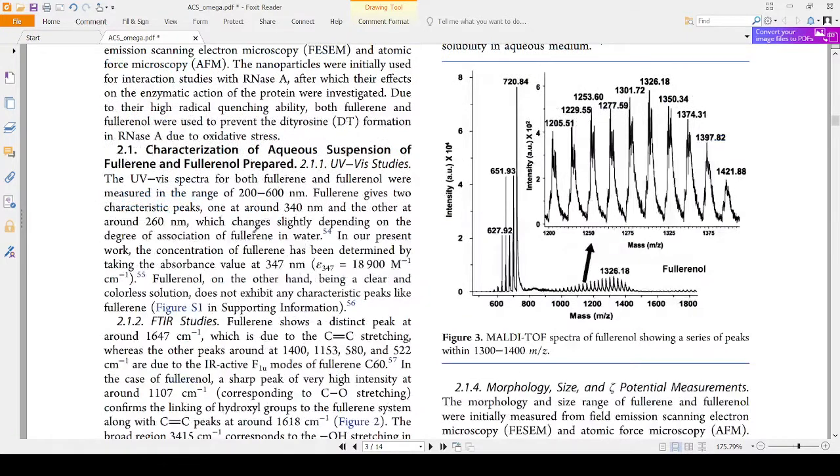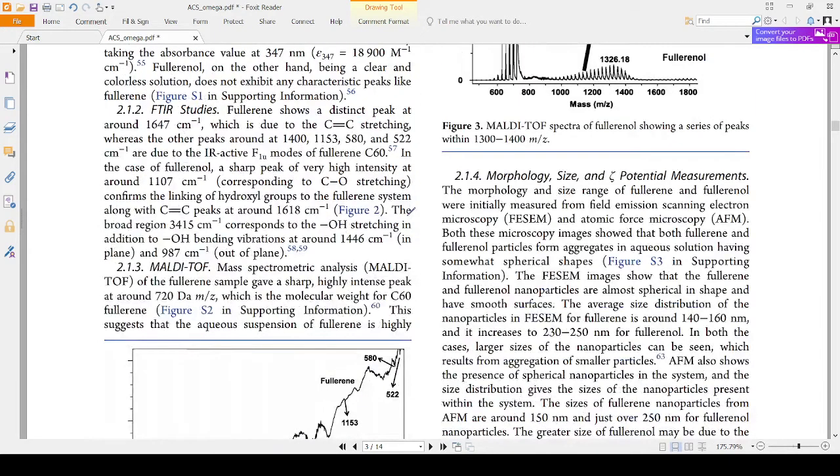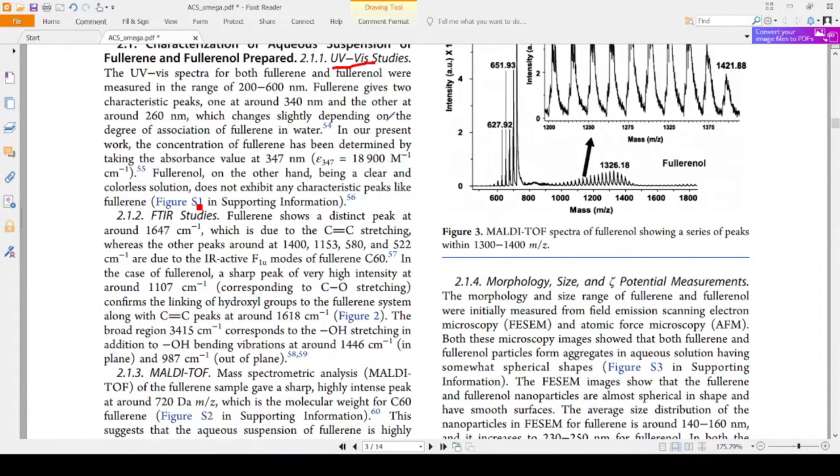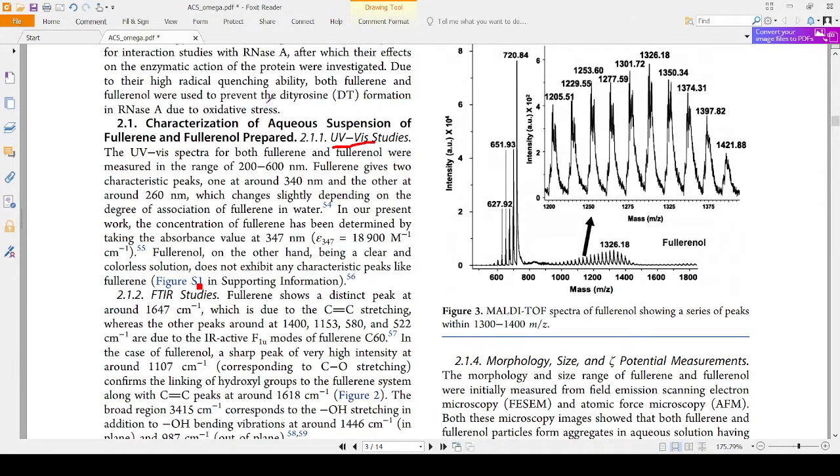The first thing is that they wanted to characterize the aqueous suspension of fullerenol. Initially, they used UV studies, which are generally shown in the SI. We can refer to the SI to see the absorbance spectra for fullerene and fullerenol.